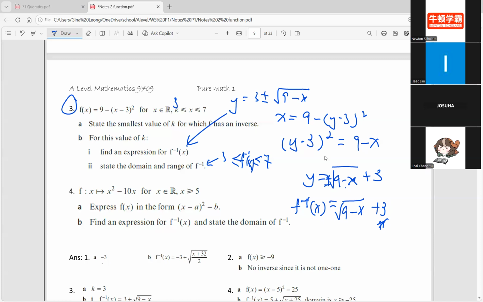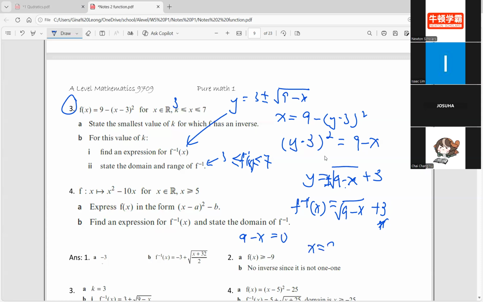Okay, then your domain you get less than 9, is it? Less than 9, yeah, correct. Or because equal to 9, less or equal to 9, right? Because the value here, 9 minus x, right? 9 minus x is equal to 0.